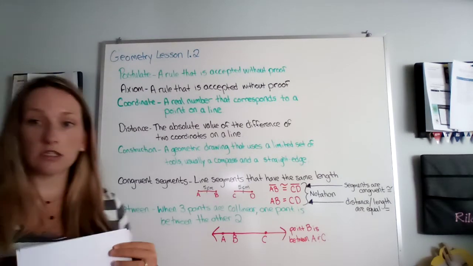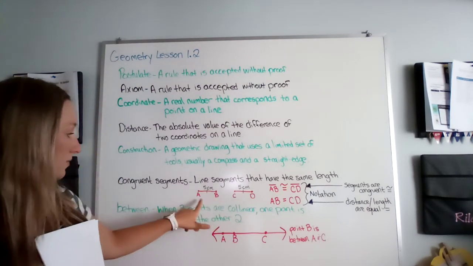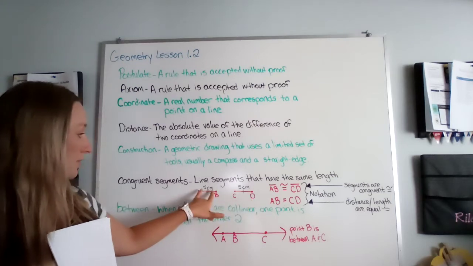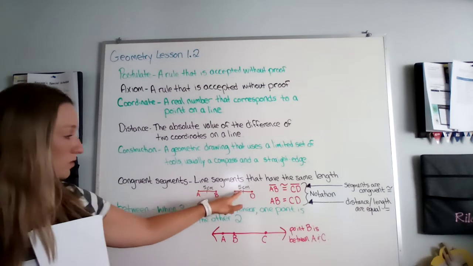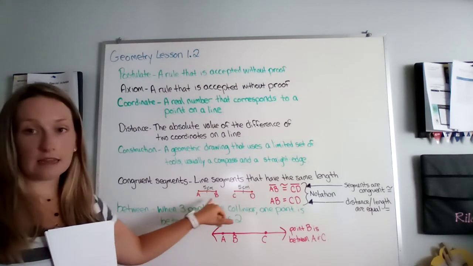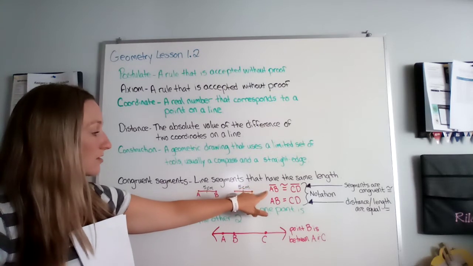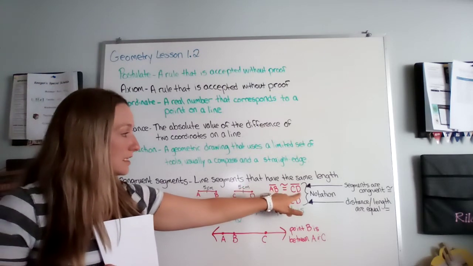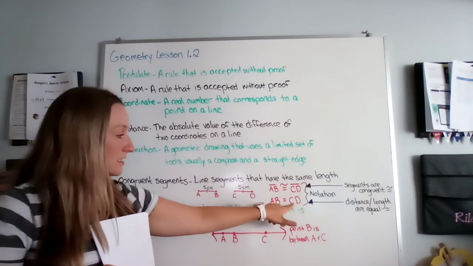Notation in geometry is super important, and here's an example. All right, so here we have segment AB and segment CD. They are both 5 centimeters long. You see the little tick mark on both of them? That's indicating that they are the same length. Okay, now notation, you can either say that segment AB is congruent to segment CD, or you can say AB is equal to CD.